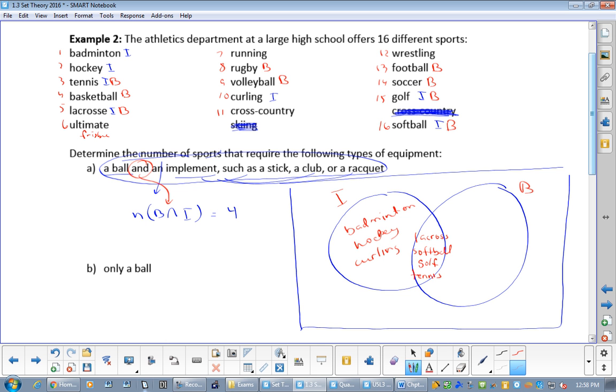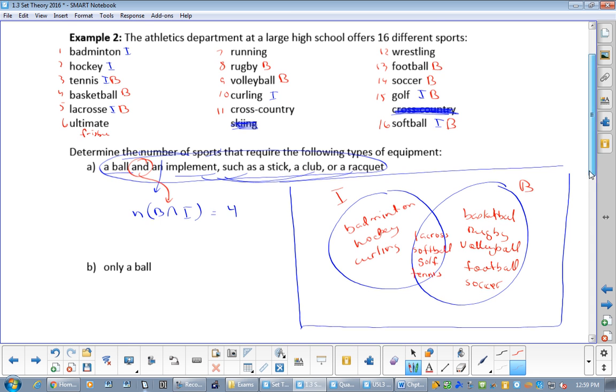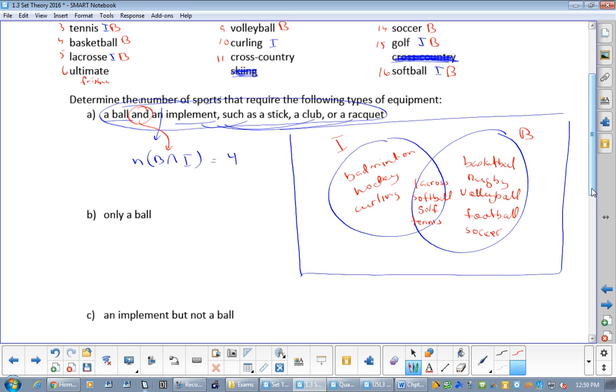And B is basketball, rugby, volleyball, football, and soccer. Okay, is that everything? Does this represent everything?